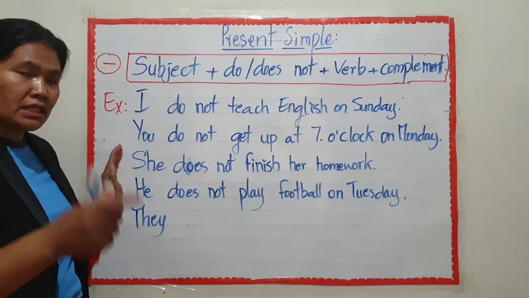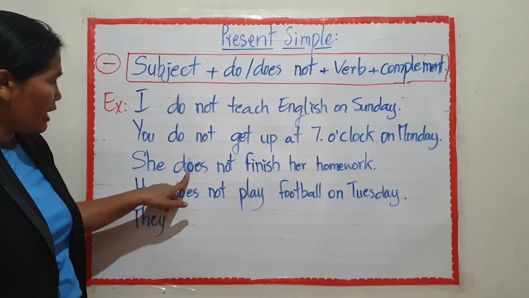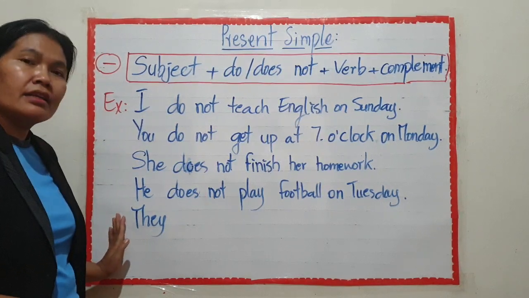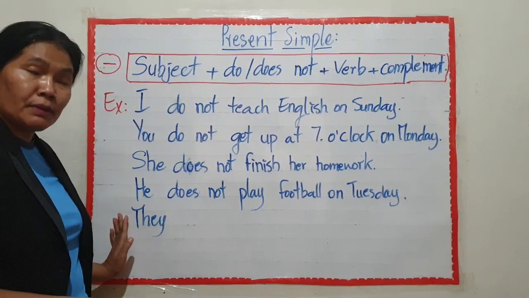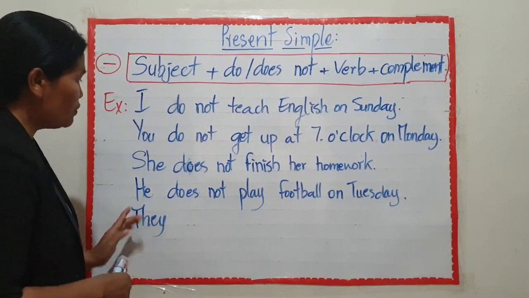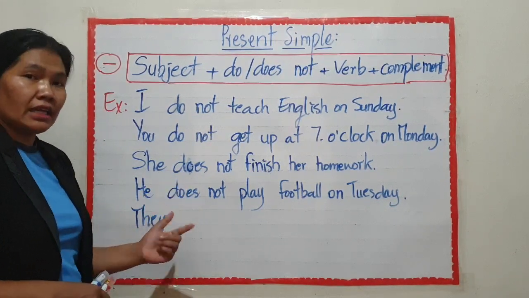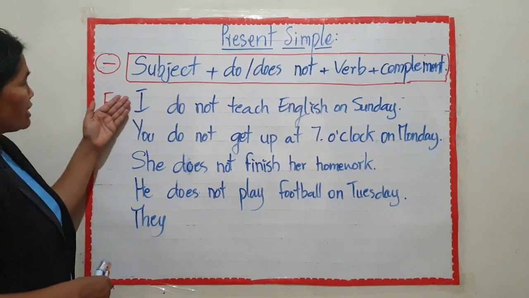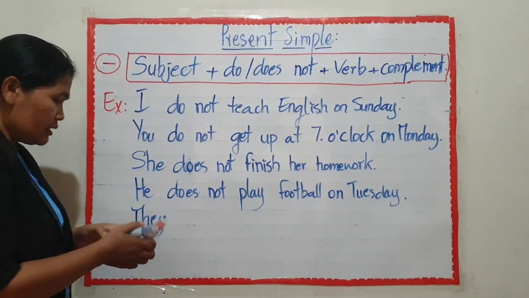That is one person, that's why we use s or es with the verb for third person singular. But they, we call that a third person also, but it's plural, so we do not add s or es to the verb following the subject. So we use it the same as I, you also.